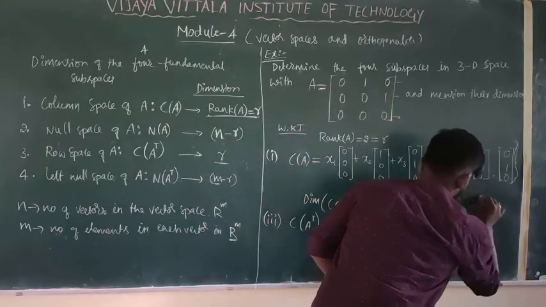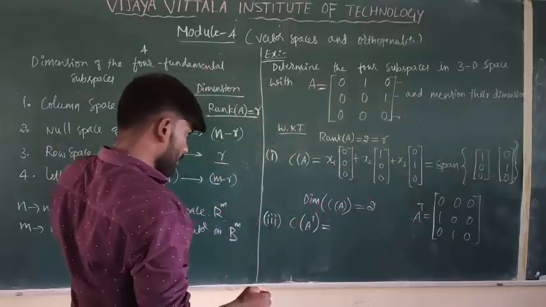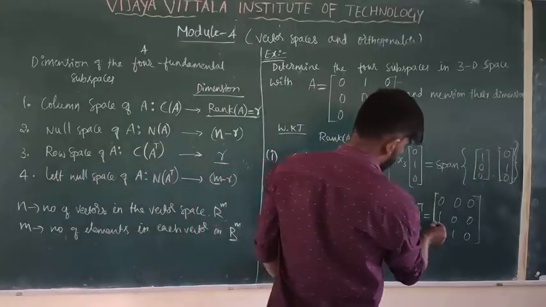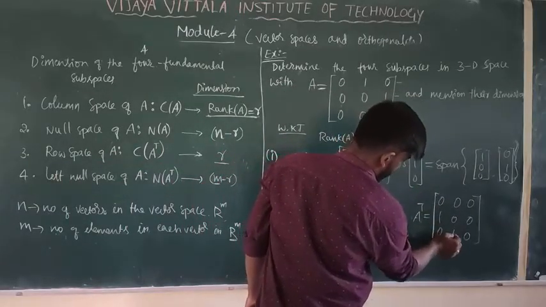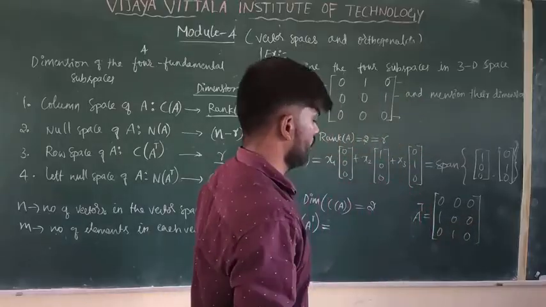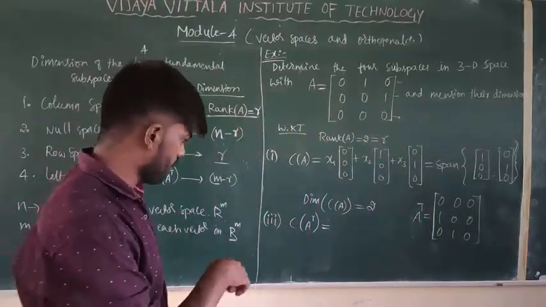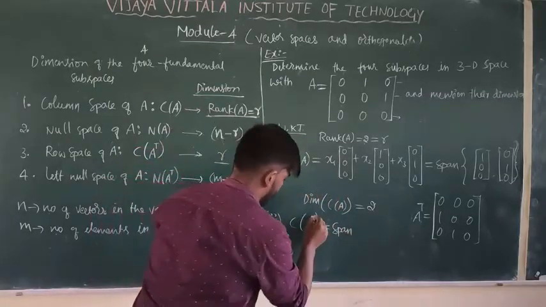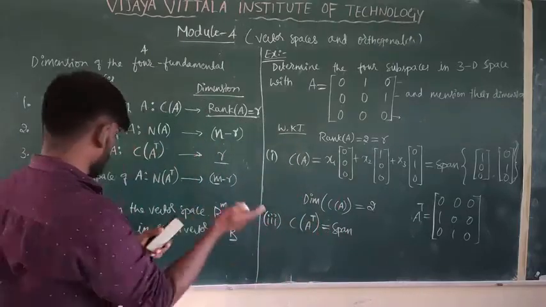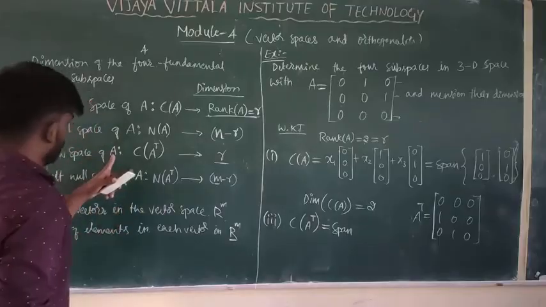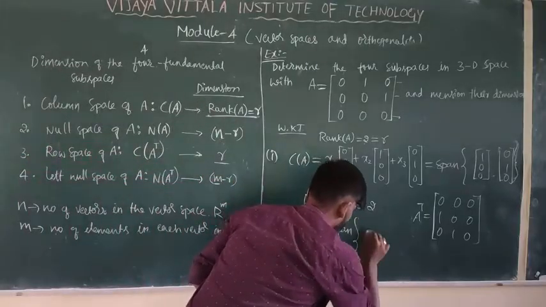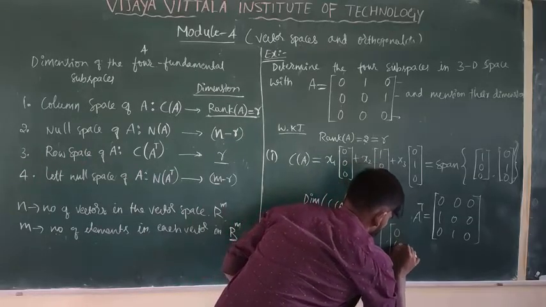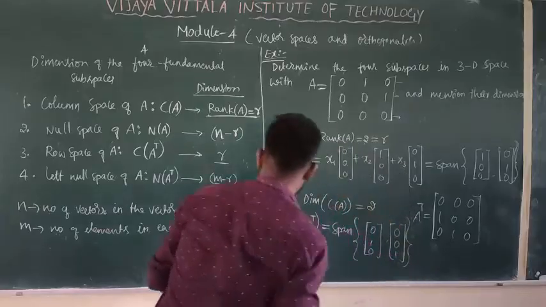The linear combination of these vectors gives the span of two vectors, because the first row contains 0 0 0. Therefore, we write the span: the column space of A transpose, which is nothing but the row space of A, is the span of the vectors (0, 1, 0) and (0, 0, 1). This is the row space and column space.